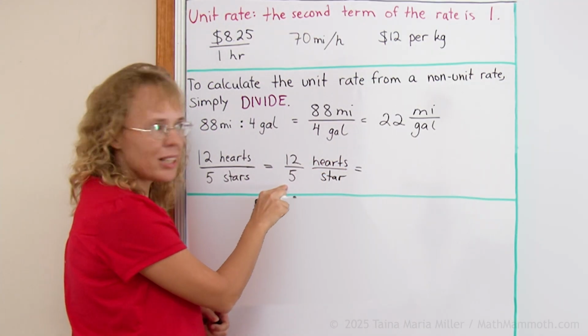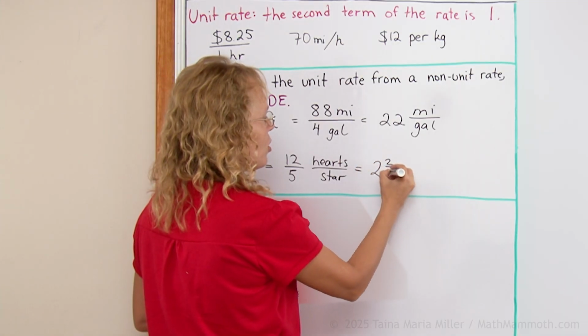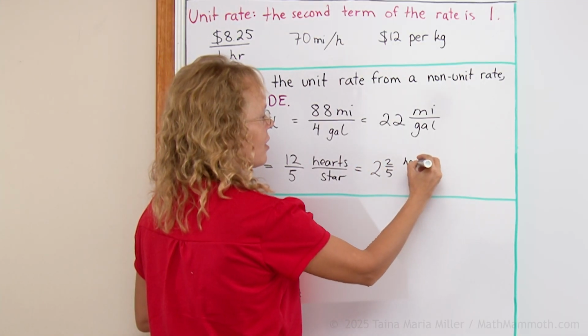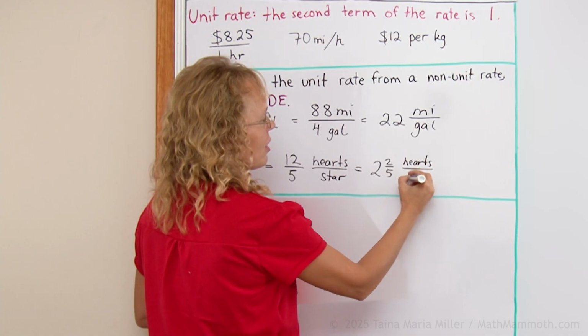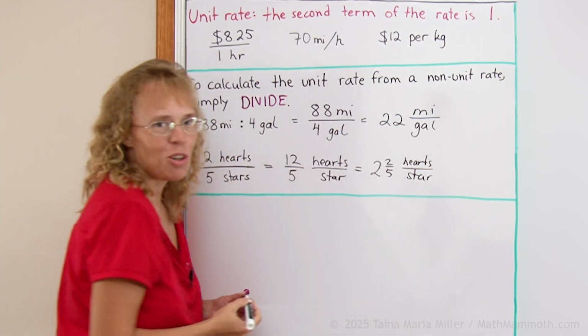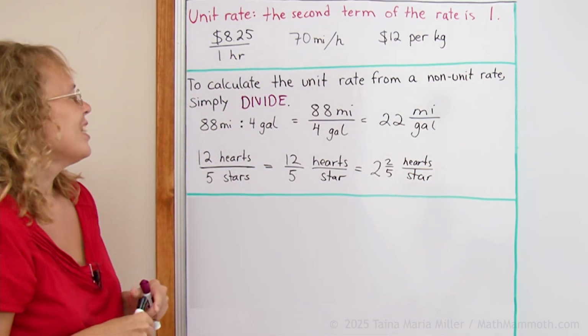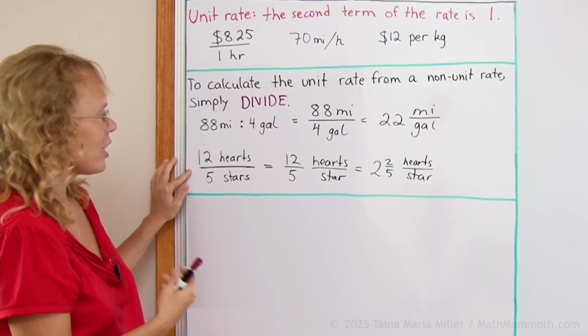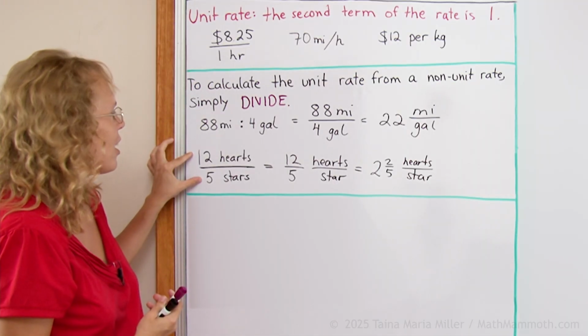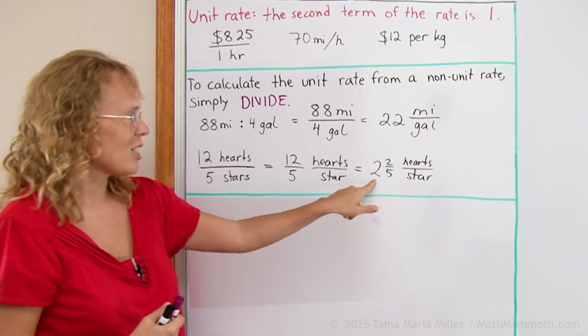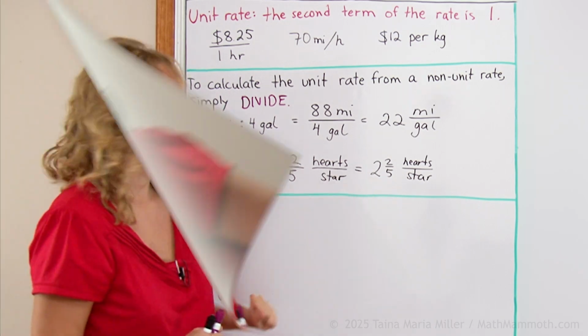Of course, this is now a mixed number. It is 2 and 2 fifths hearts per star. It's a little convoluted example, I know. It is just to illustrate that this is how you technically do it. You divide and then you get this many hearts per 1 star.